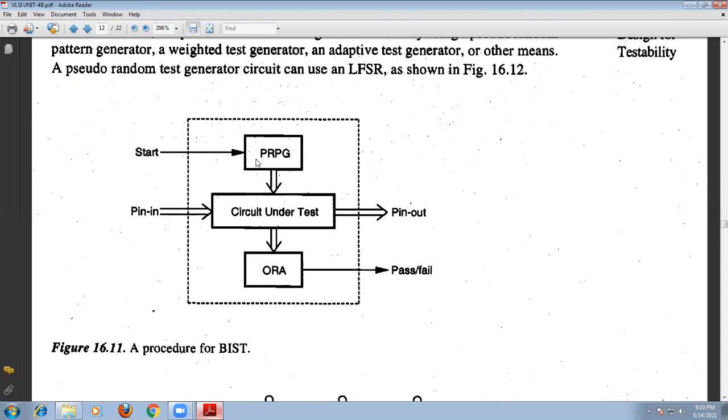So it consists of two important blocks, and to implement them we are going to use linear feedback shift registers. Let us go for the pseudo random pattern generator.